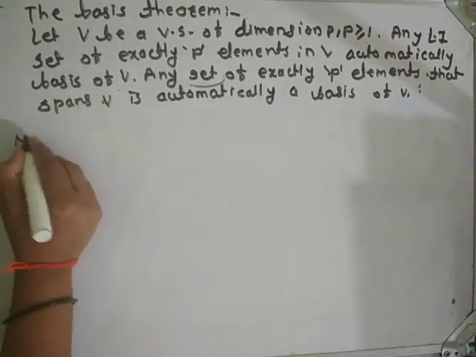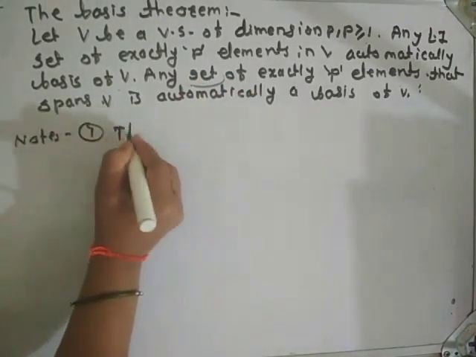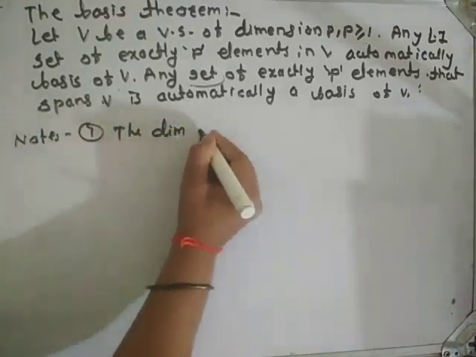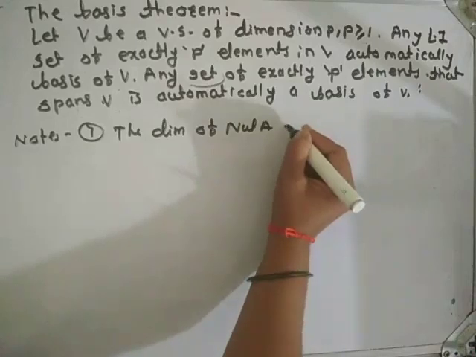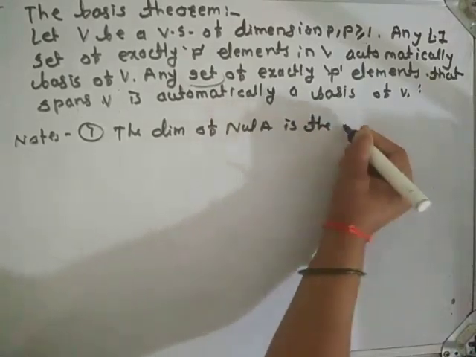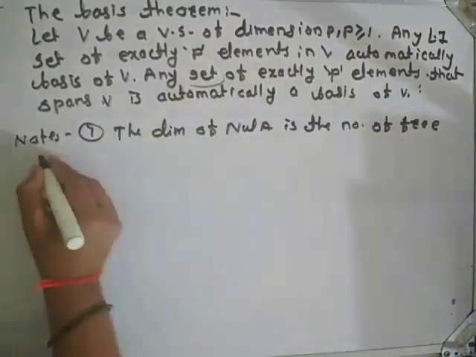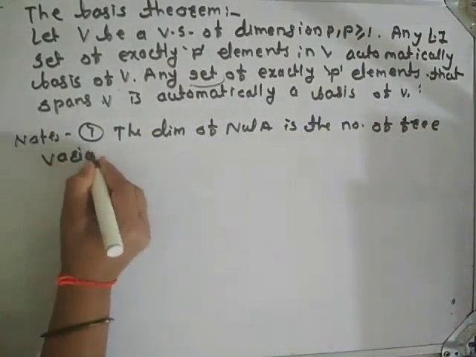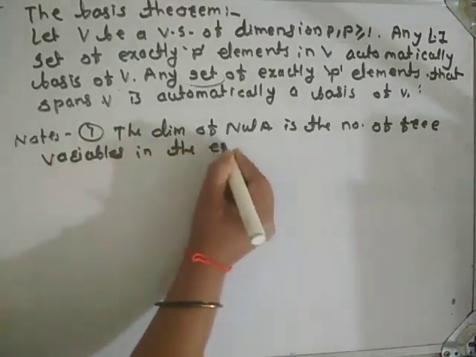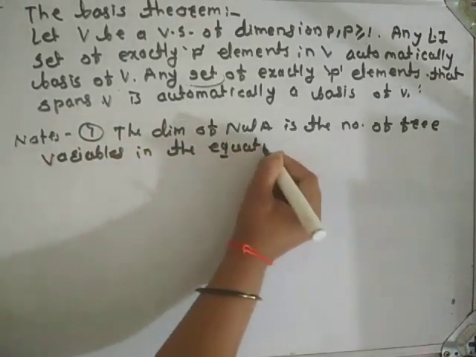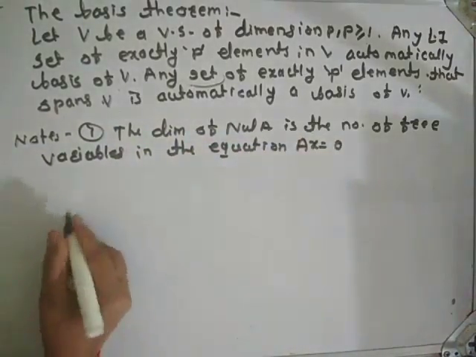Let's write down one note. The dimension of null space of A is the number of free variables in the equation Ax equals 0.